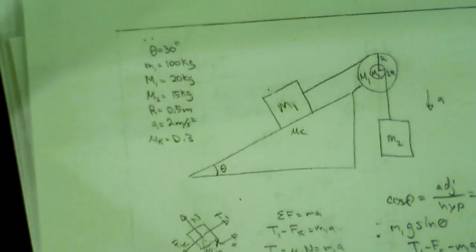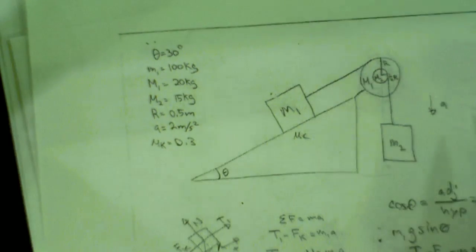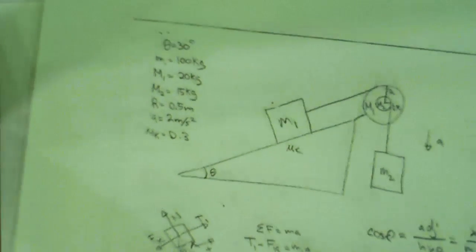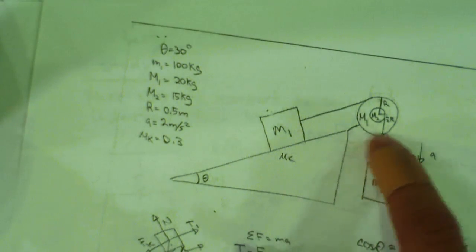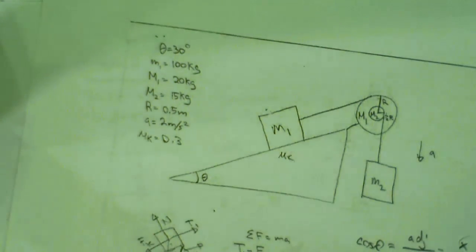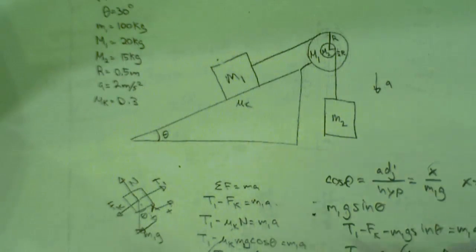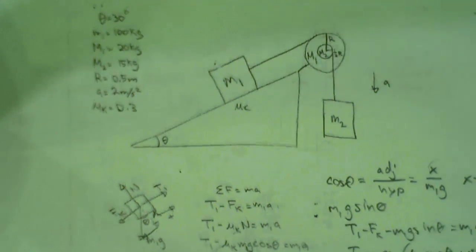So for something like this, right? This has acceleration when we solve this problem. If we were going to try to keep this in static equilibrium, so we wanted this system to be stationary, nothing moving, all you have to do is turn all these accelerations to 0. So that's what static equilibrium is.